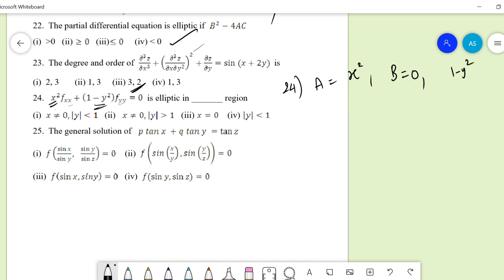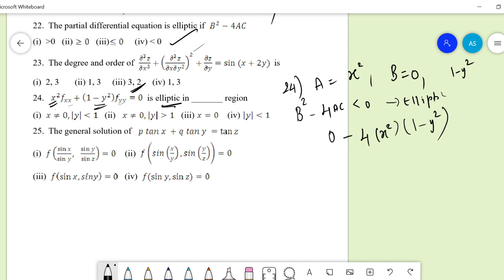But we have to find the region where it is elliptic. This expression is elliptic in which region? First you have to calculate b square minus 4ac less than 0 for elliptic. There is no b term. 4 into a term, x square, into c term, 1 minus y square.